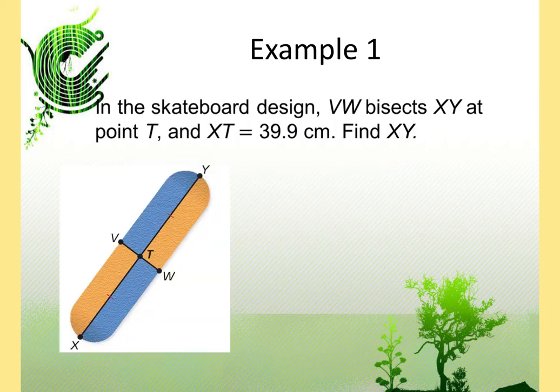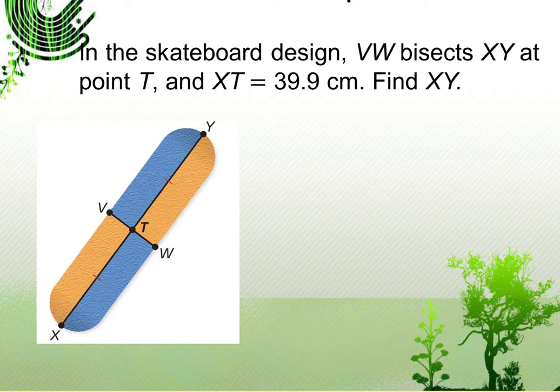All right, example 1 says, in the skateboard design, VW bisects XY at point T, and XT is 39.9. The diagram even shows that it's bisecting by giving you these little congruency marks, okay? So the one that's cut in half is XY. We know nothing about the length of WV.